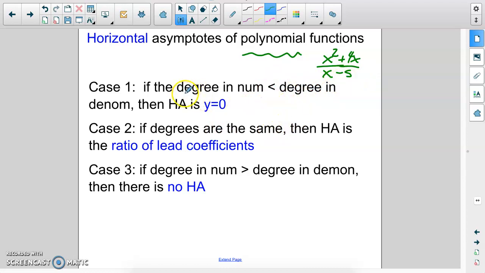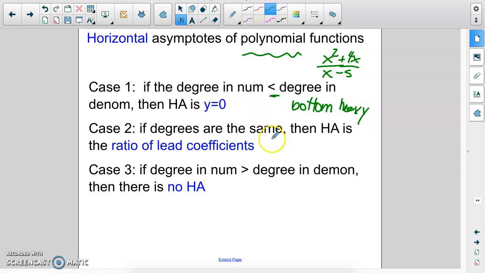So here's the cases you learned in pre-calc. If the degree in the numerator is less than the degree in the denominator, then the horizontal asymptote is y equals 0. I believe you called that bottom heavy. Because the highest power in the bottom was bigger.